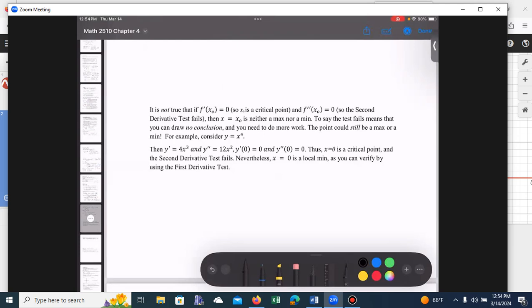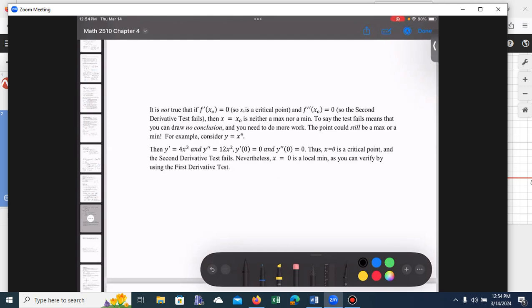So it's not true that if the first derivative equals 0, you have a max or a min. And so the second derivative may equal 0 and that derivative test fails. To say that it fails just means that you can't make a conclusion.